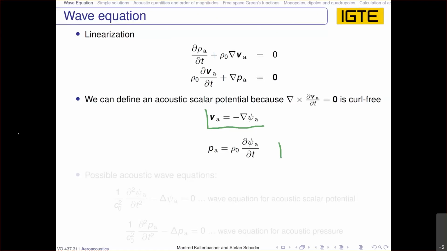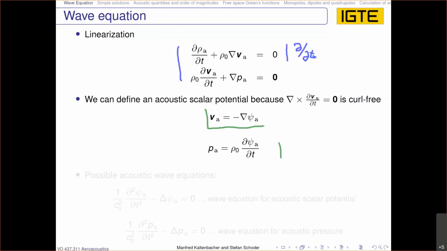That is now the following. When we look at these two equations, you can see that perhaps you can get rid of the acoustic particle velocity, which you get rid of if you take a time derivative. So we take a time derivative on this partial differential equation.